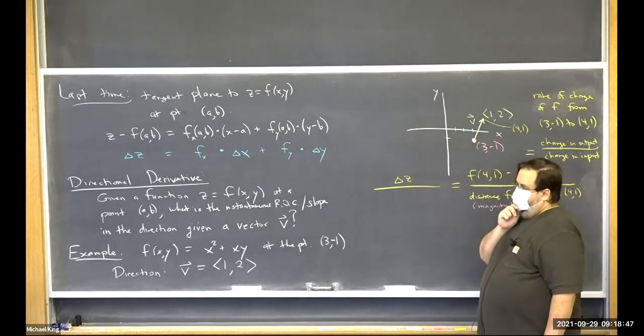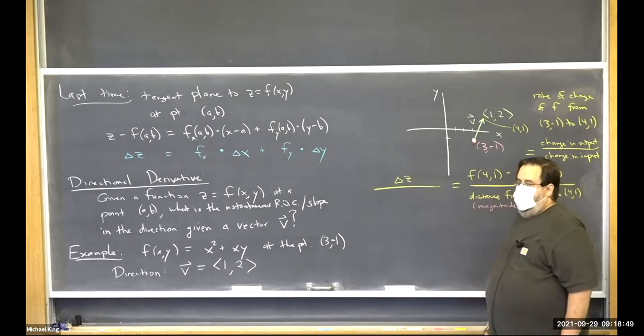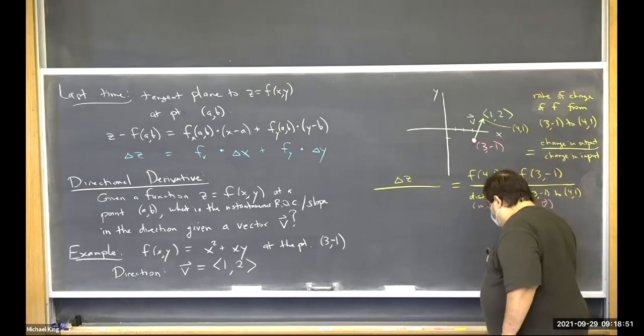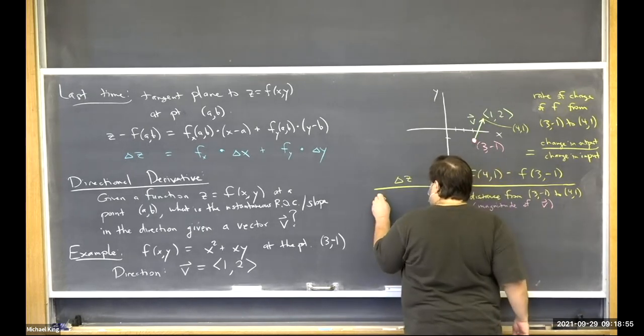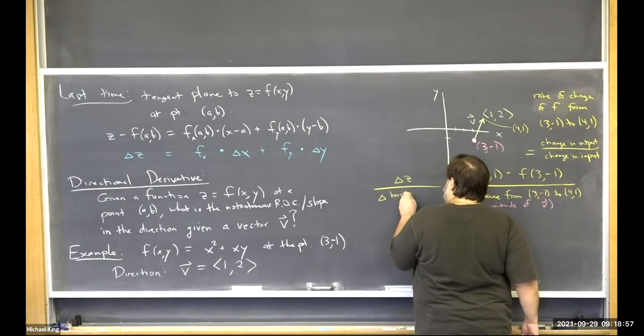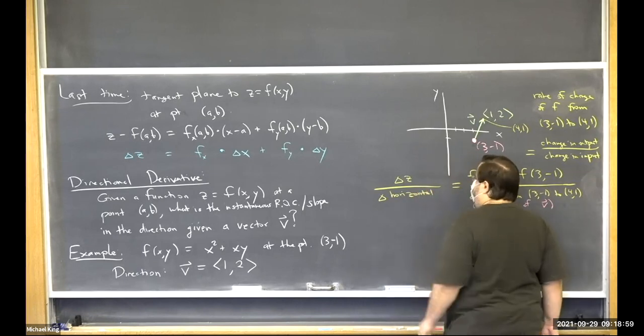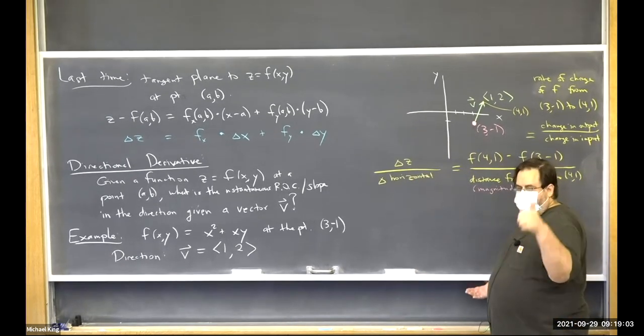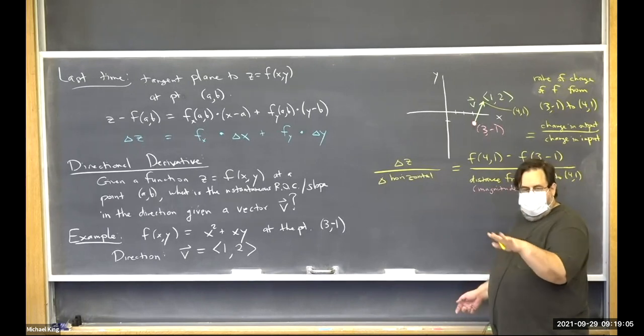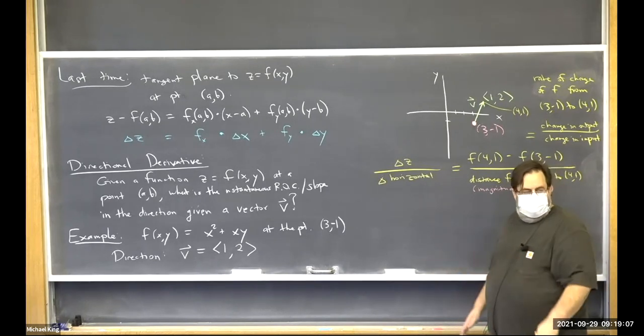I kind of almost want to put delta xy, but I want to put delta horizontal. Let me see if I can say this. Because in 3D space, vertical means z and horizontal means x and y, right?